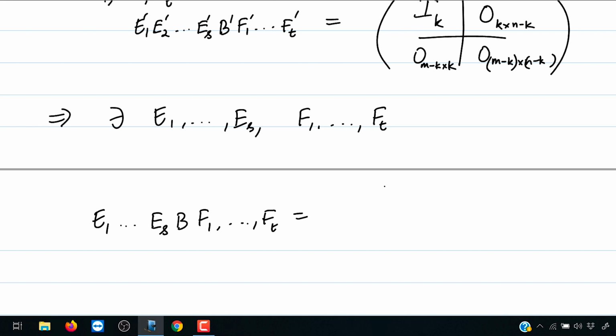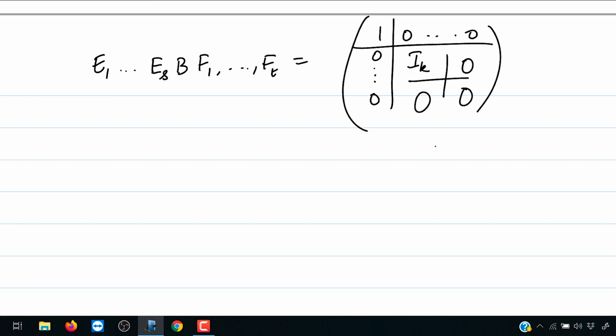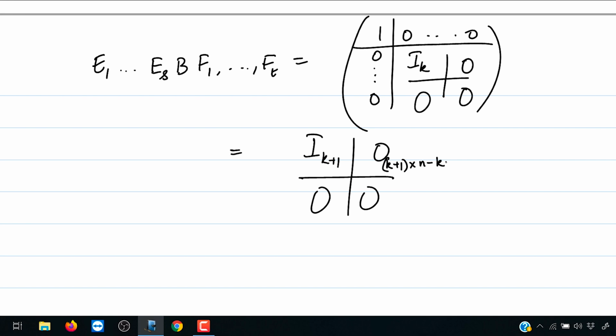This will just give you a 1, and then there will be zeros here, and then there will be an I_k. There is a 0 here, a 0 here, a 0 here. But what is this matrix? This is nothing but I_(k plus 1), 0, 0, 0. Just to be careful about what we are writing, this is going to be m plus 1, k plus 1 cross n minus k minus 1.